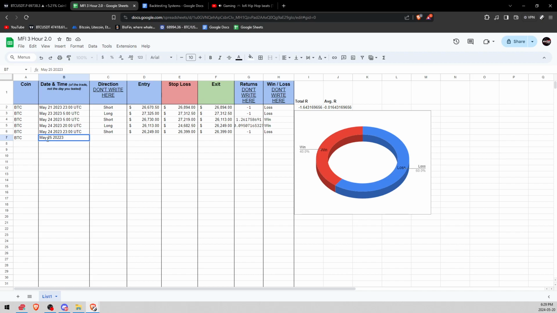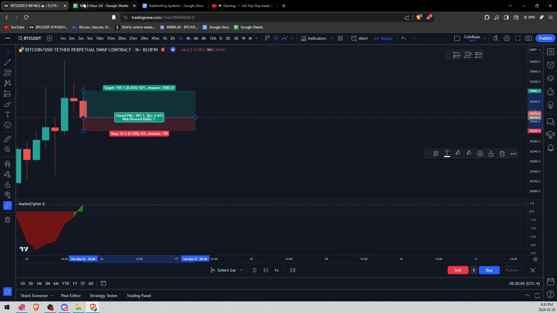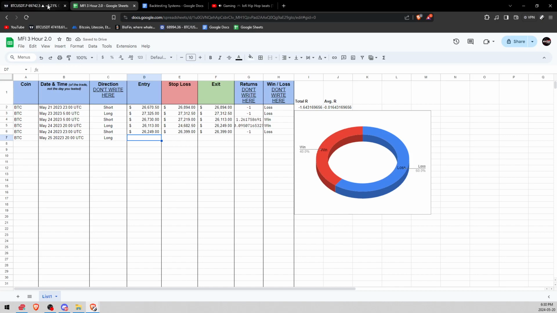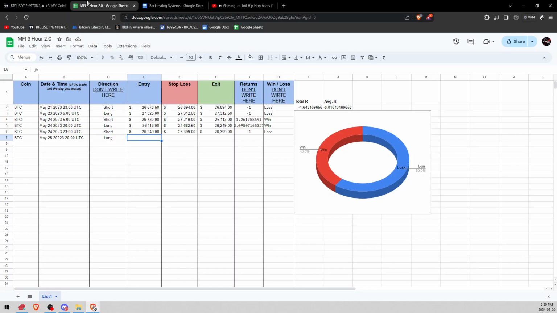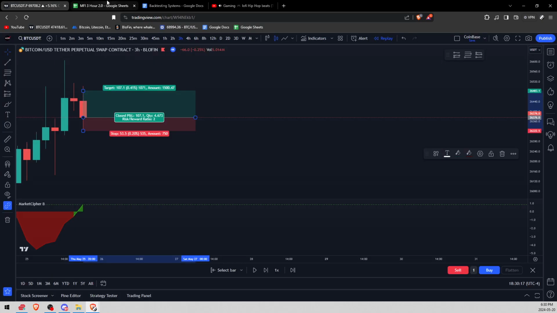This one is a long position. What was the entry? It is 26,376. 26,376, right? Yes.